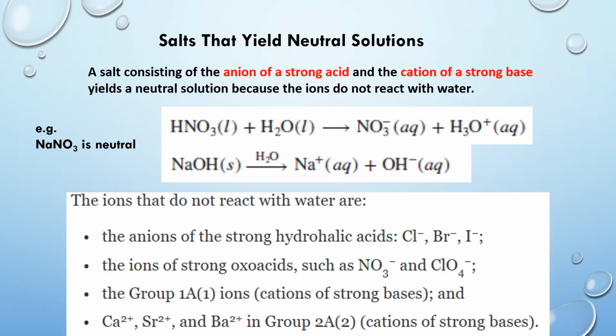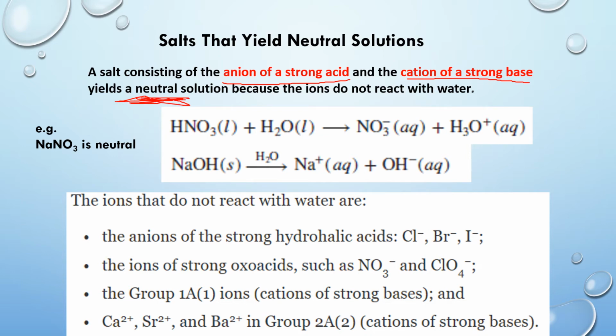When you dissolve a salt into water, generating this solution, the solution could be either neutral, acidic, or basic. When this salt contains the anion of a strong acid and the cation of a strong base, the resulting solution will be neutral, because both ions do not react with water.